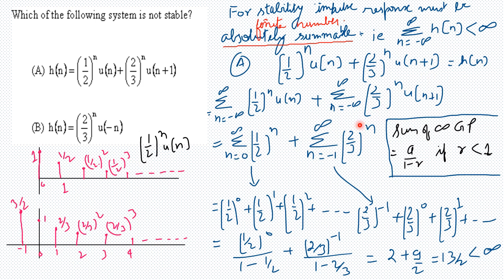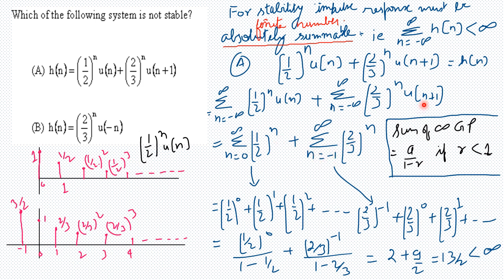Now we are going to sum this up. What we can observe here is that u[n] will be 0 for n less than 0, so the limit can be revised from n equals 0 to infinity, and this becomes (1/2)^n, because u[n] will be 1 for values greater than or equal to 0.